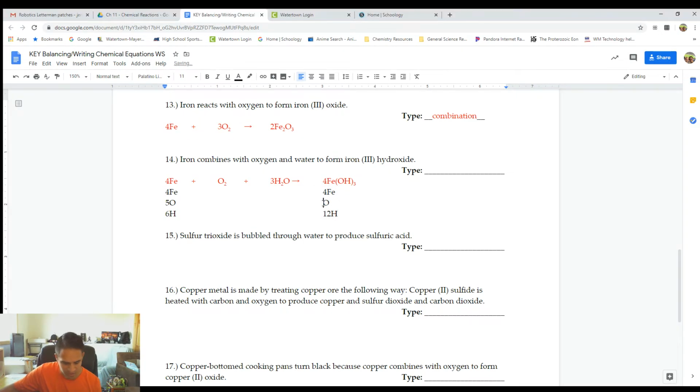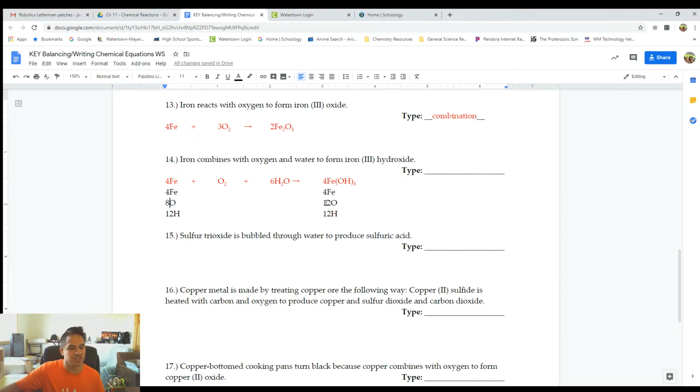That's also 12 oxygens. On the left, we need to get 12 hydrogens. So 6 times 2 will give us 12 hydrogens. As for oxygens, we have 6 times 1. That's 6 plus 2. That's 8. So the oxygens are not balanced.